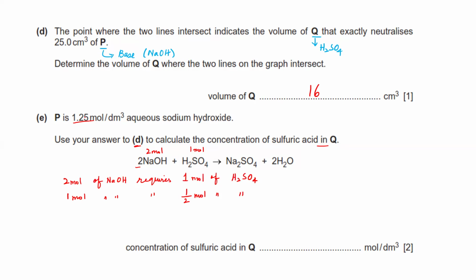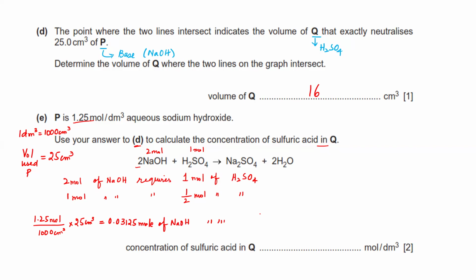We have 1.25 moles per 1000 cm³. Remember, 1 dm³ is equal to 1000 cm³, and the volume of NaOH used, P, is 25 cm³. So multiplying gives the number of moles used, which comes out to be 0.03125 moles of NaOH.